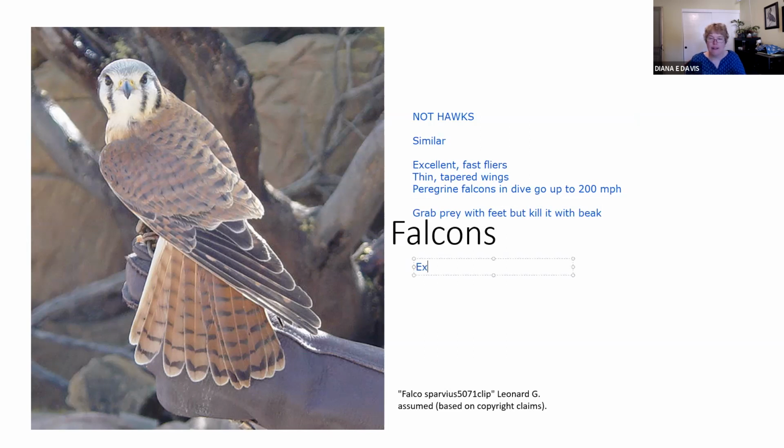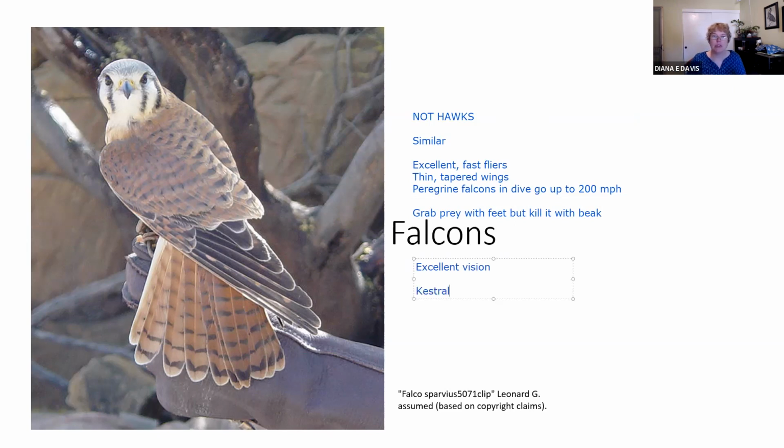They also have excellent vision. They have to have excellent vision because they often catch prey while they are flying, or they are way high up in the atmosphere diving down to something on the ground.